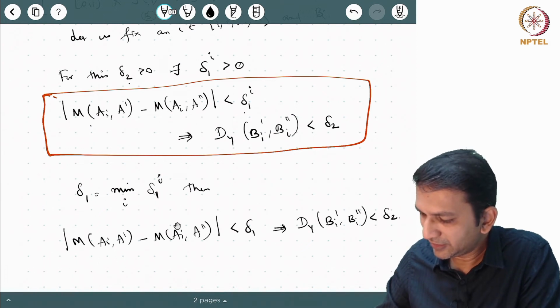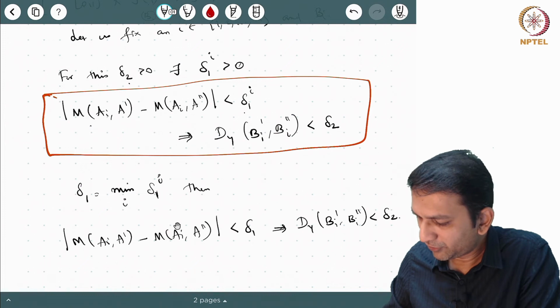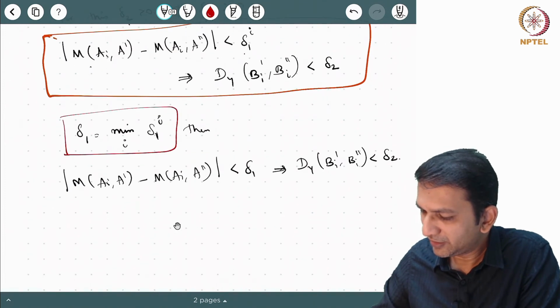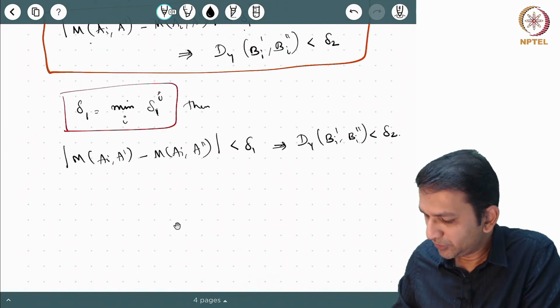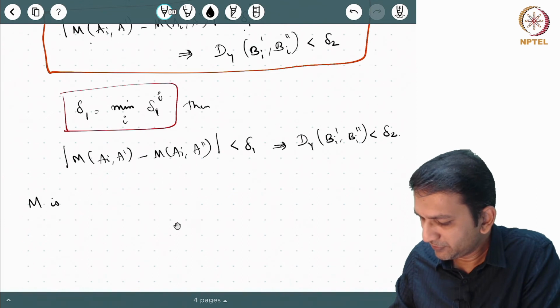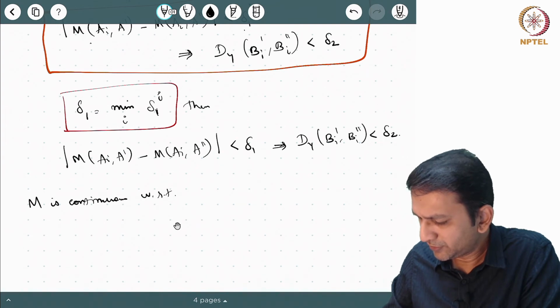So our delta 1 is essentially the minimum of all these delta 1 i values. Well, we are almost there, the final step. Notice once again that m is continuous with respect to the px, which is ai, i equal to 1 to I.